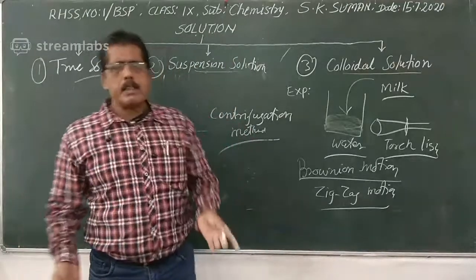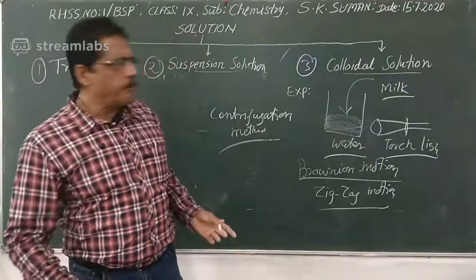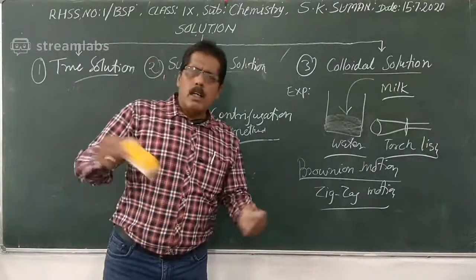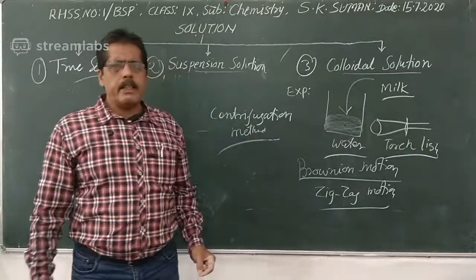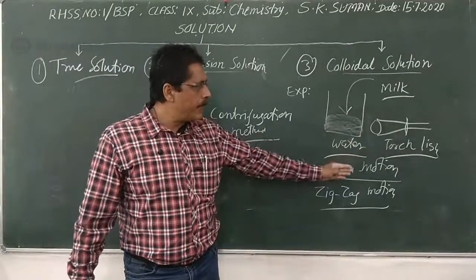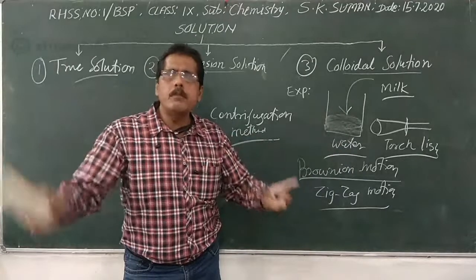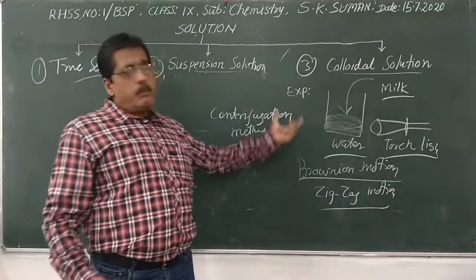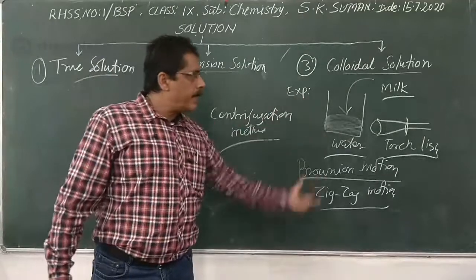But it possesses some unique properties. The particles of the colloidal solution are in Brownian motion, means there will be zigzag motion of those particles. And when the beam of a torchlight was passed through this colloidal solution, it was observed that the path can easily be viewed.